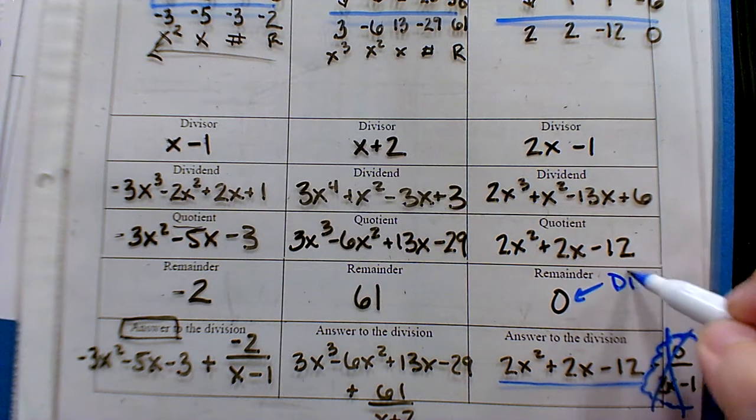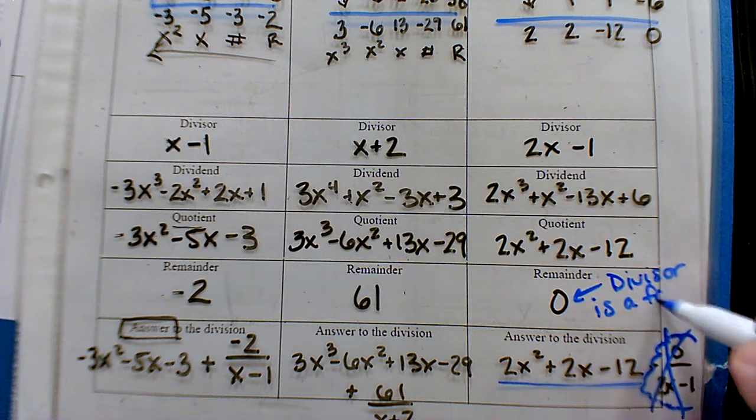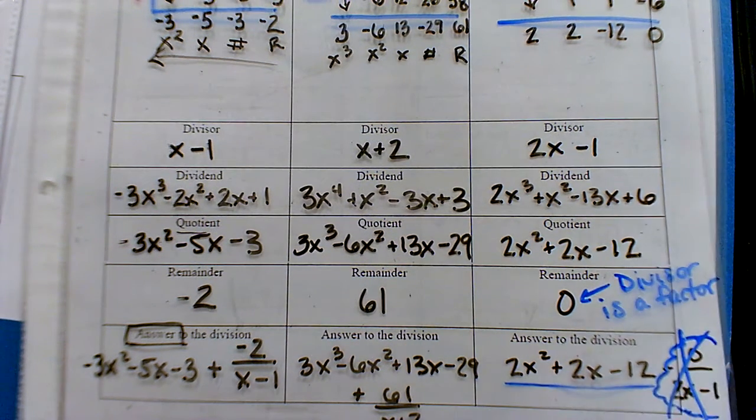Your divisor is a factor. It goes in evenly. For instance, if you did 8 divided by 2, 2 goes into 8 evenly. 2 is a factor of 8. You can do 2 times 4 to get 8. So it goes in evenly, nothing's left over, and your divisor is a factor. That's something to keep in mind for tomorrow.